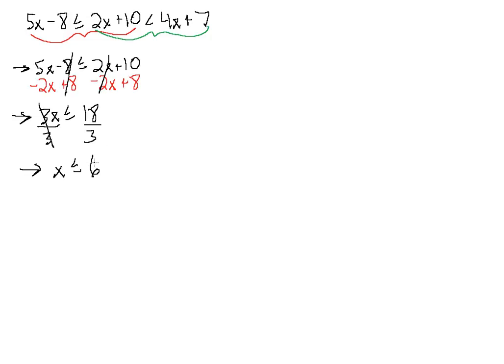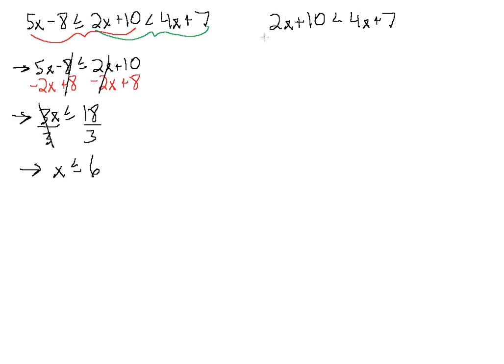Okay, so we got one inequality for these 2 terms. So now let's look at these 2 terms. Let's see, we have 2x plus 10 is less than 4x plus 7. We're just taking something rather complex and splitting it up to make life easier on us.